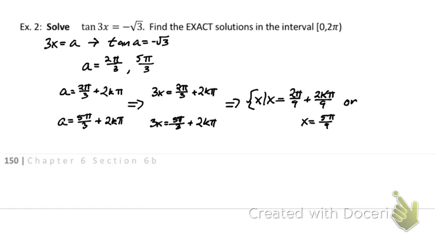Oh, I'm sorry, it should have been over 3. 2k pi over 3 because we divided everything by 3. Then we'd have 5 pi over 9 plus 2k pi over 3. So all I did is I divided everything by 3, which gives us 2 pi over 9, 2k pi over 3, 5 pi over 9, 2k pi over 3.